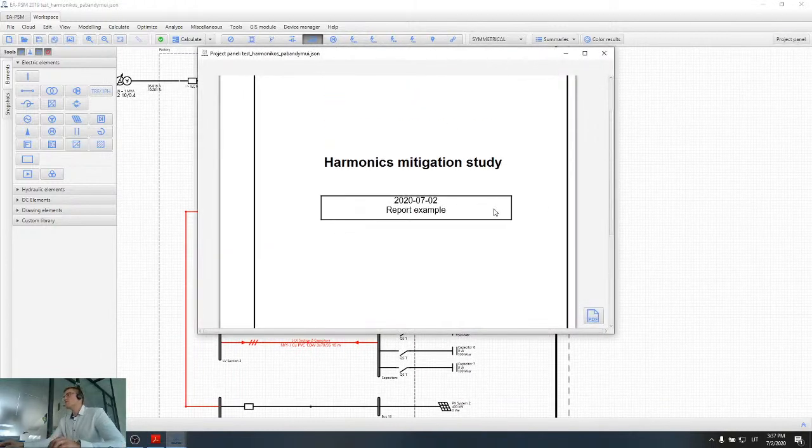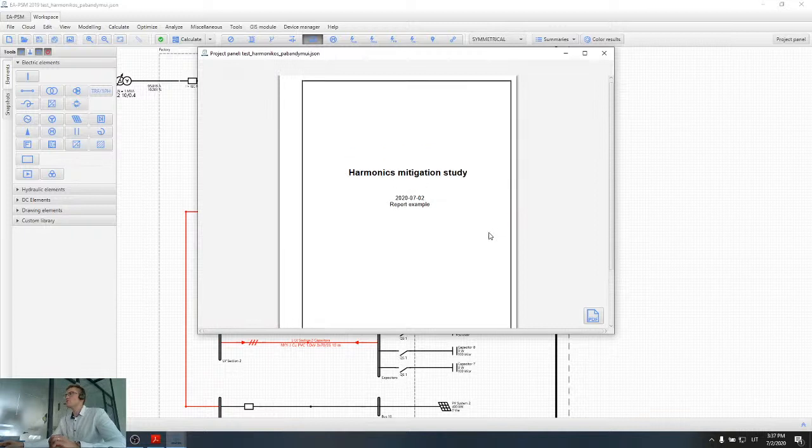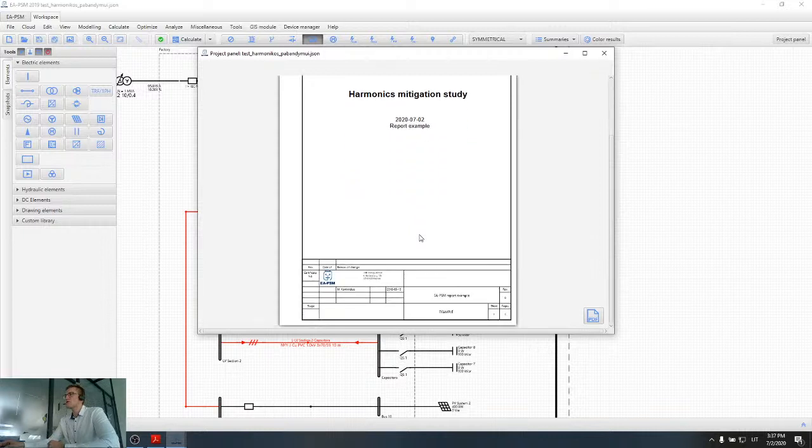Inside our software we have a tool which allows you to create harmonic reports. Basically, it is possible to add harmonic histograms directly into the report using only our software. So you don't even need Word or another text processing tool to make the report itself.